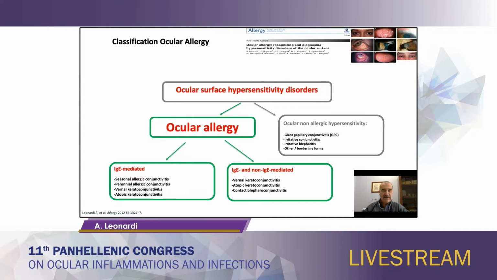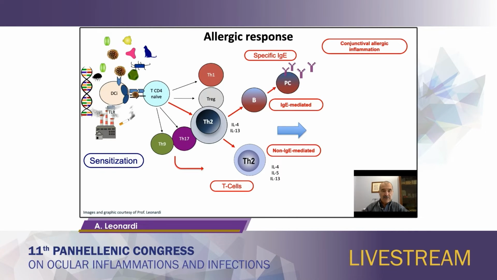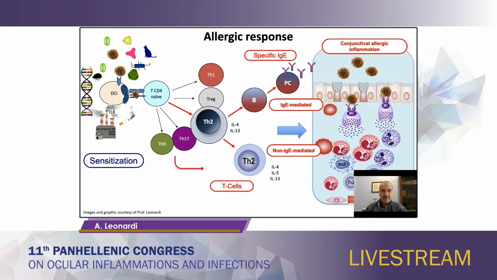Ocular allergy can be divided into IgE and non-IgE mediated diseases. In particular, the allergic response is a type 2 mediated immune response with Th2 cells involved, which might stimulate B cells to produce specific IgE or differentiate Th2 type effector cells, which in combination might cause acute and chronic inflammation, in particular in conjunctival tissue.